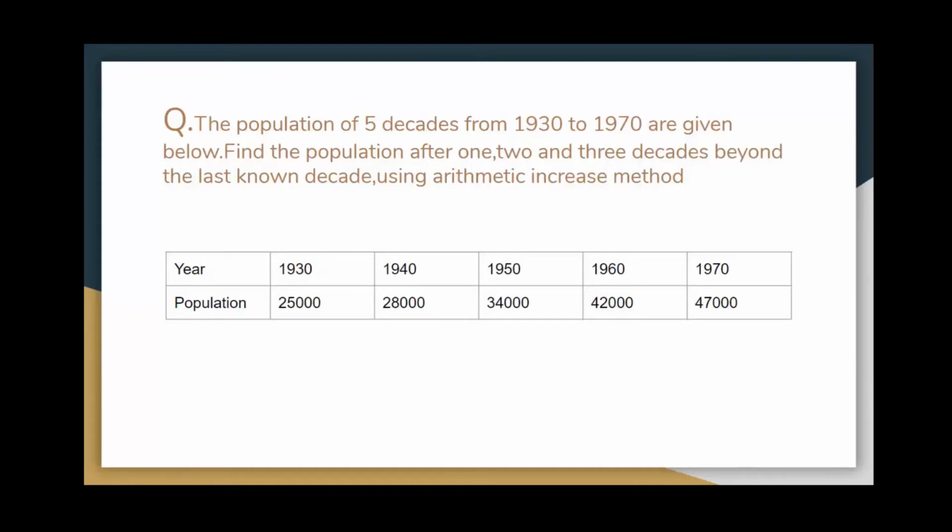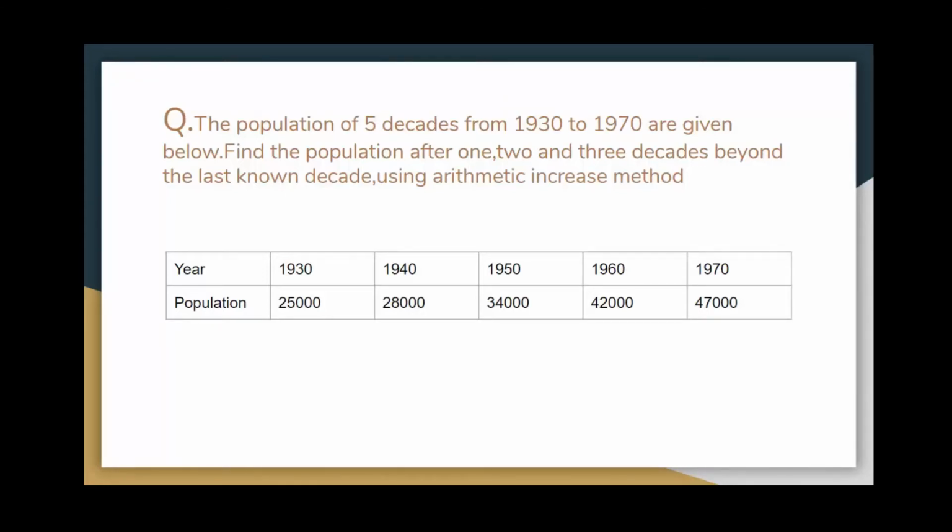Then we will move on to our problem. We already completed this problem in the arithmetical increase method and geometrical increase method. Now we will see how to solve it in the incremental increase method. The population of 5 decades from 1930 to 1970 is given below.